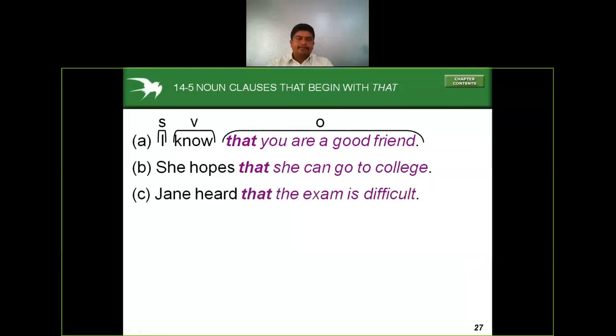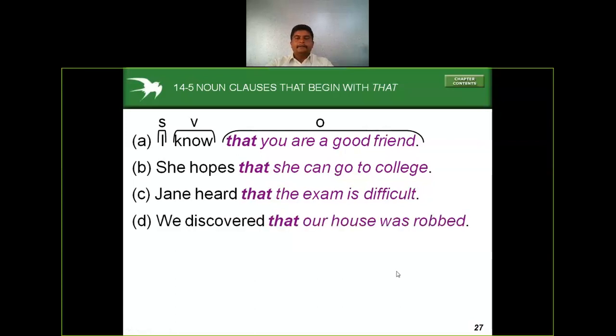Jane heard that the exam is difficult. Look at the blue marked group of words. That the exam is difficult. How has that been used? The word that. We discovered that our house was robbed.